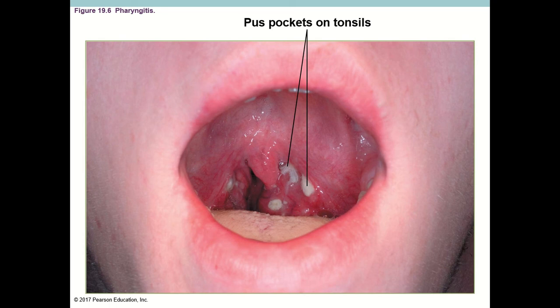One of which is hyaluronic acid, streptokinases is another one, and deoxyribonucleases. Again, these three are going to help the bacteria spread out throughout the tissues and form colonies like you're seeing here in the throat of this person.